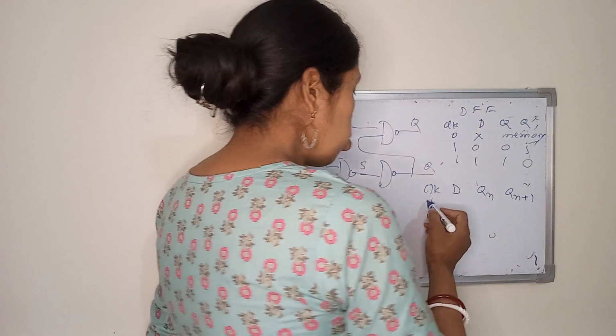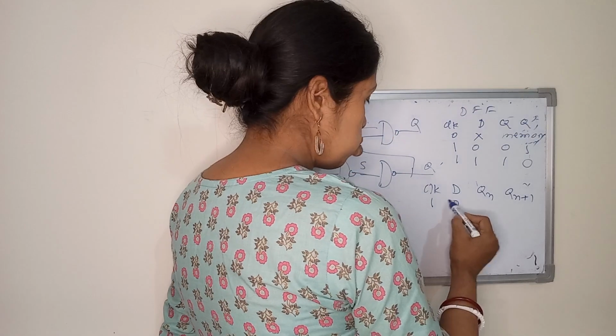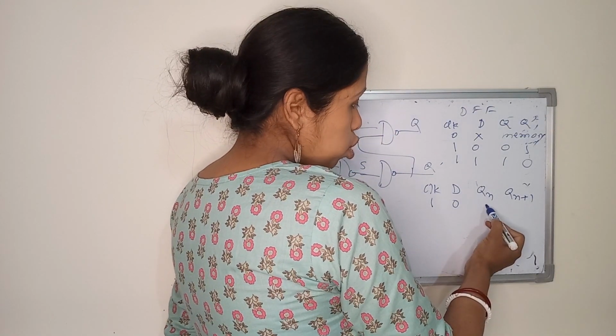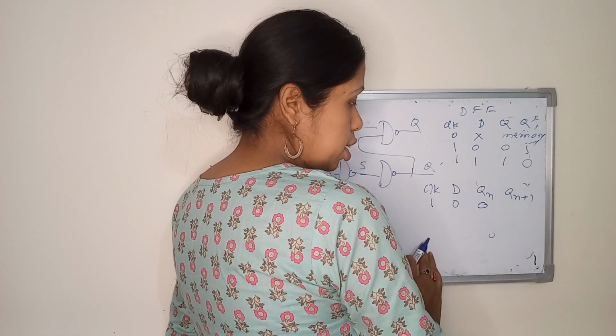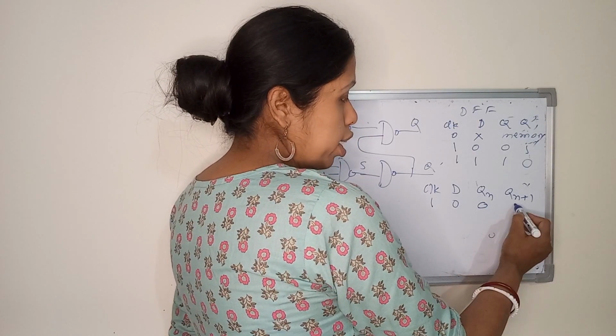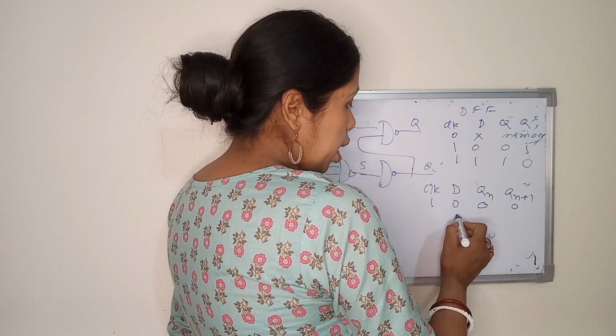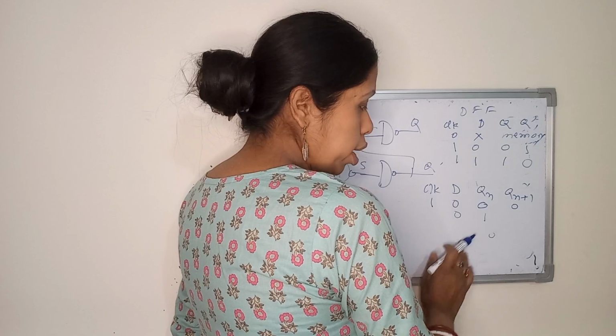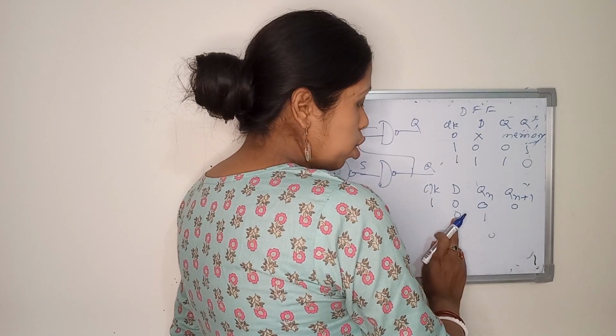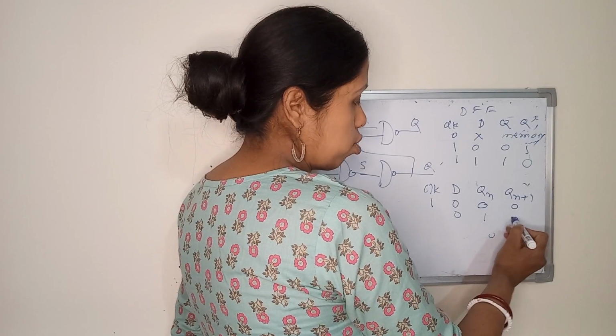Now clock is 1, so D is 1 or D is 0. If your past output Q is 0, it will not reflect in the present. Whatever D you are giving, you will get the same output at the present. Again D is 0, suppose your past output is 1, again it will not reflect here. Whatever input you are giving, it will reflect here only.